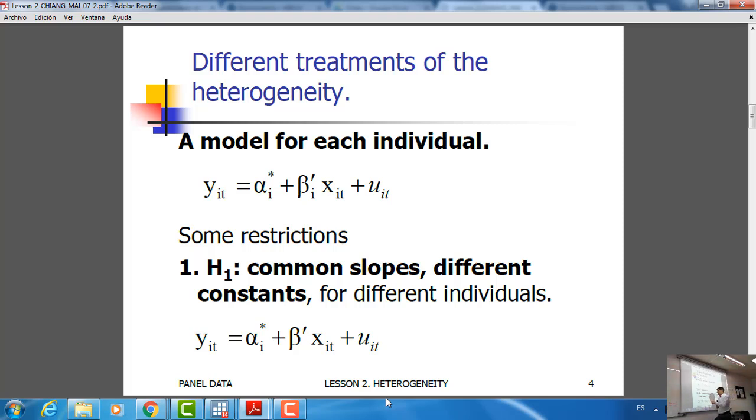H1 is a restriction. So what kind of restriction do we have here? How do you read the restriction?